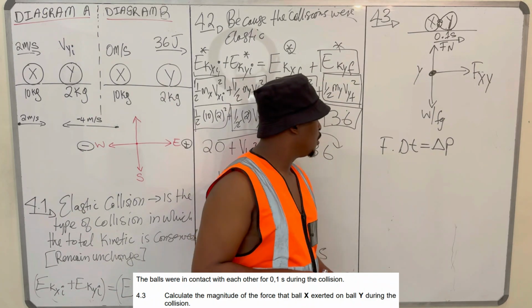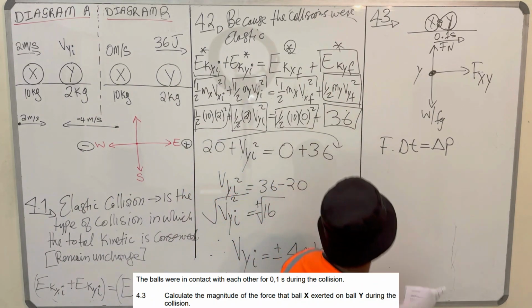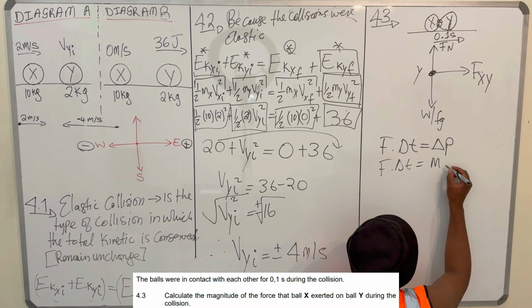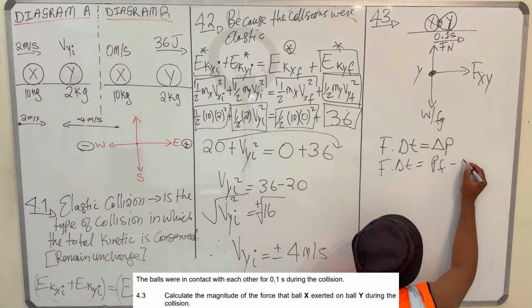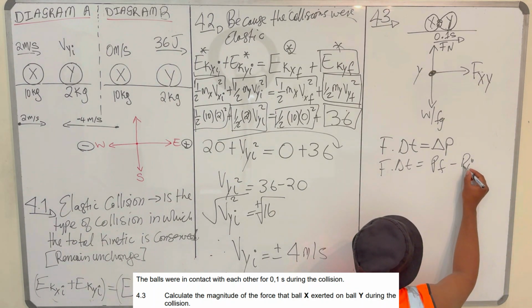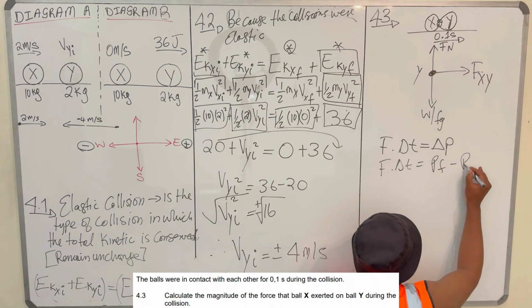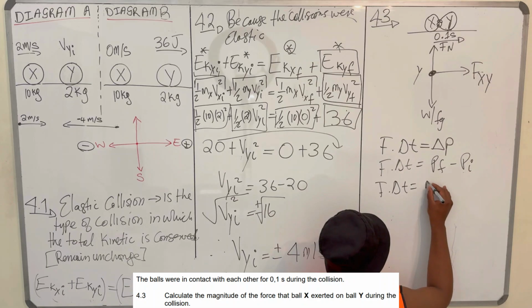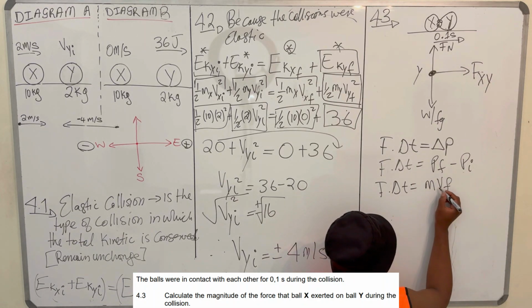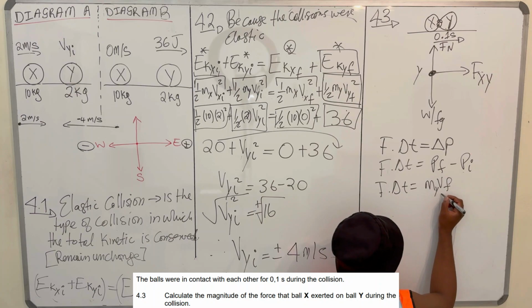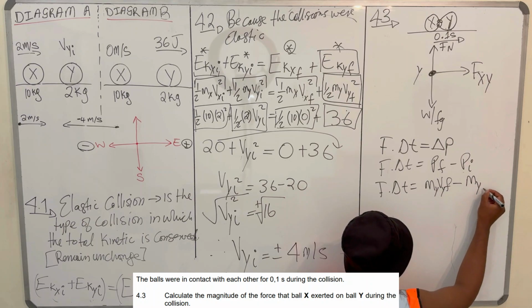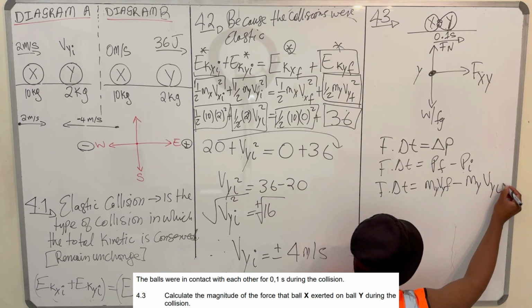So what do we do from here? We say, okay, know this. F delta t is equal to final momentum minus initial momentum, which is the same as F delta t is equal to m v_f minus m v_i, where m is the mass of ball y.